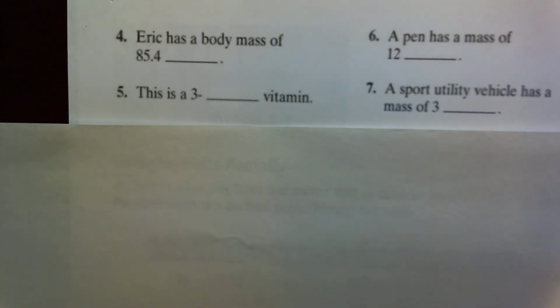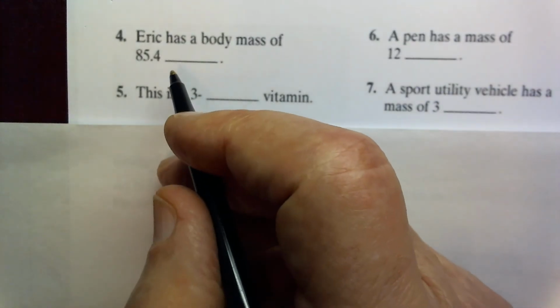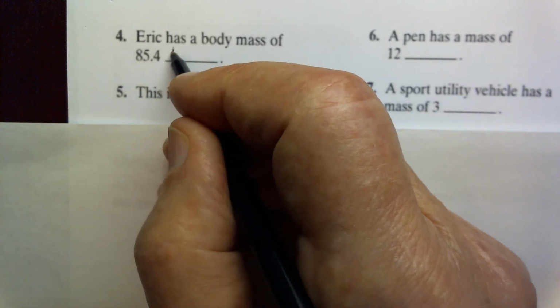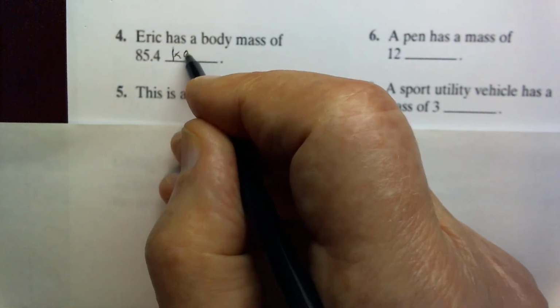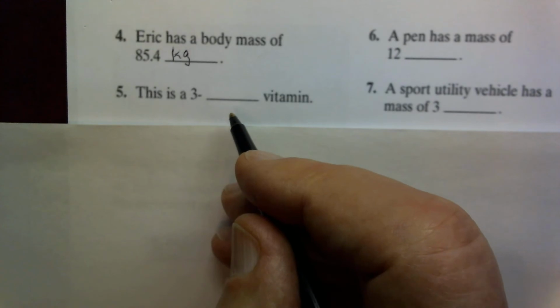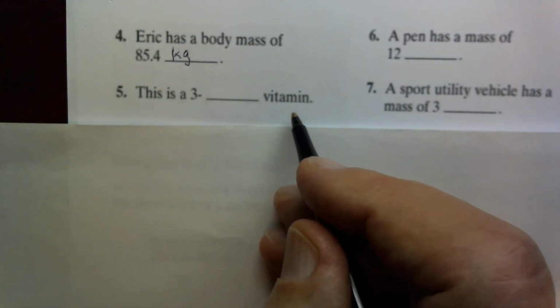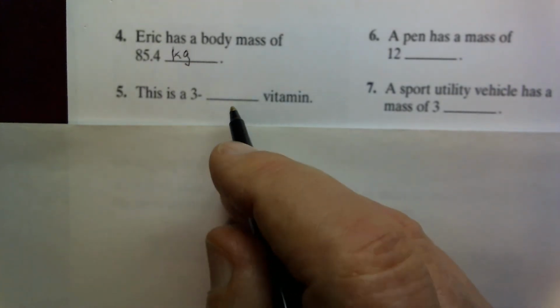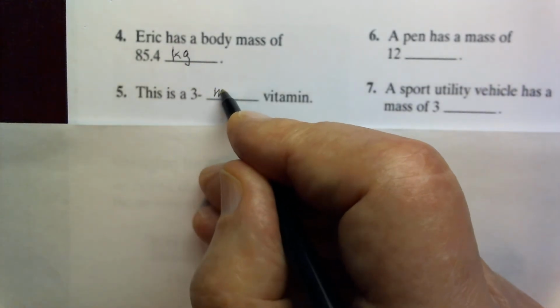We answer the next 4 questions the same way. Eric has a body mass of 85.4. Certainly not grams, but kilograms would be the right unit of measure here. When it comes to vitamins and their content, this is a really small amount, so it would be 3 milligrams.